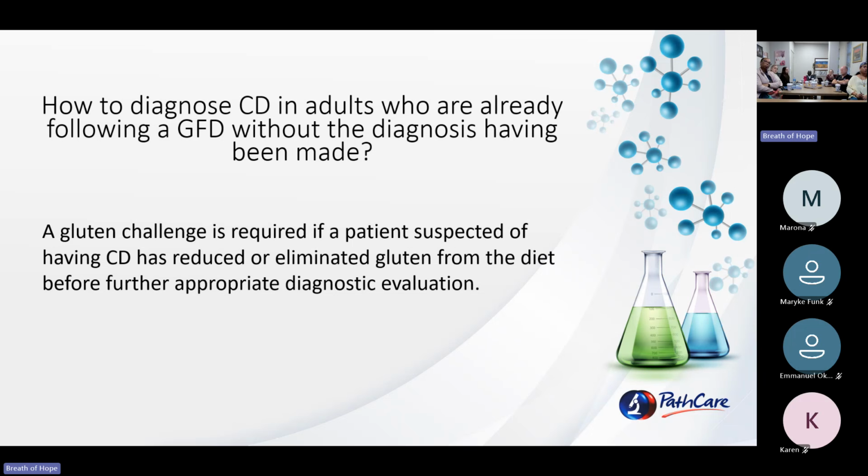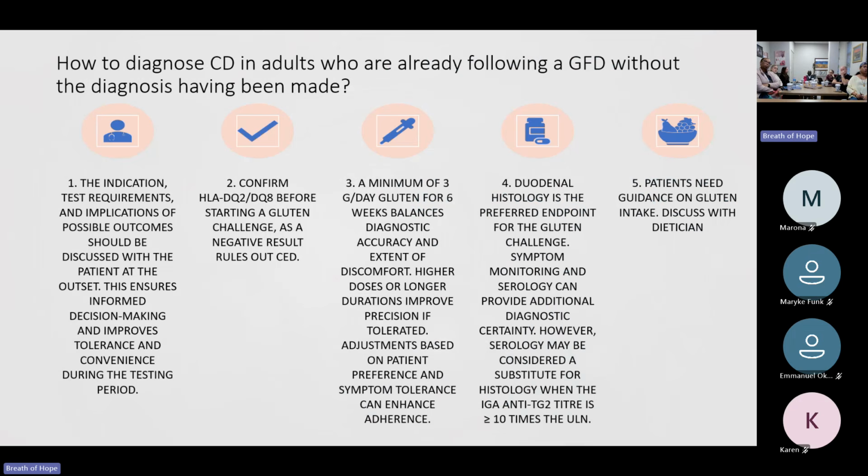They recommend that a gluten challenge be done. So basically, the indication, test requirements, and implications of possible outcomes need to be discussed with the patient at the onset, because if a patient is on a gluten-free diet and the symptoms have subsided, if they really want the diagnosis, they need to understand that if they do a gluten challenge, they might experience the symptoms.